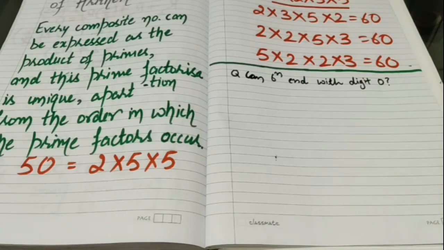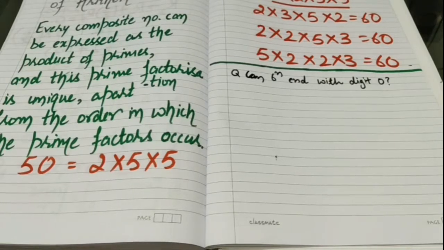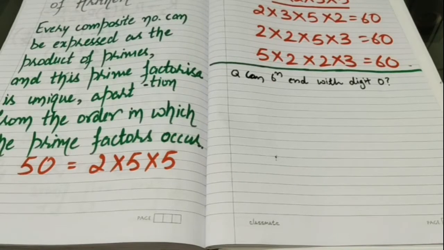Otherwise, they can't. If the prime factors contain 2, 5 and any other prime number as well, even then it will end with 0.